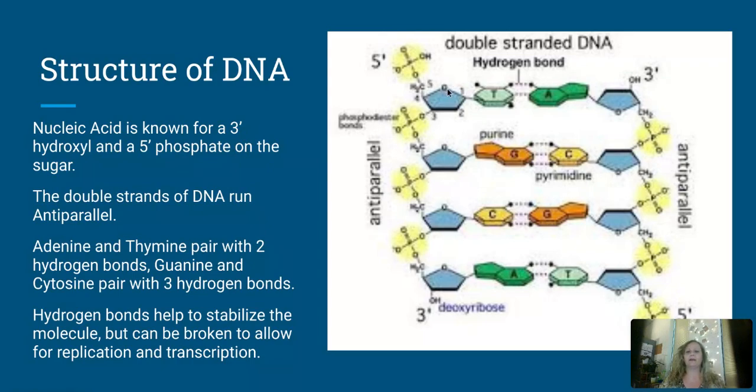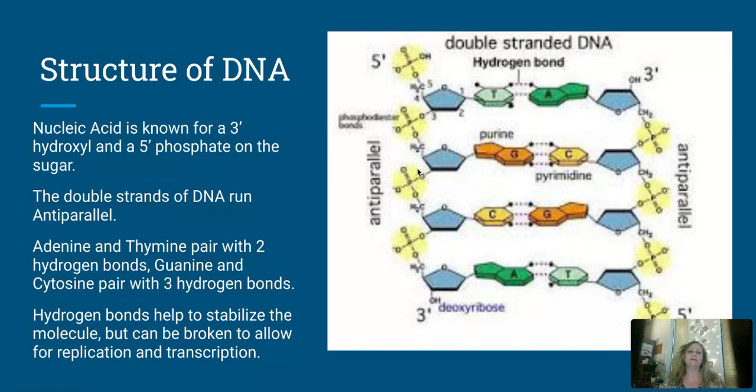And then to the right of the oxygen, we have carbon 1, carbon 2, 3, 4, and then up here on a stick, essentially, is carbon 5. So carbon 5, or 5 prime, is where our phosphate group is going to attach. Our 3 prime carbon is where we're going to have a hydroxyl group attached.